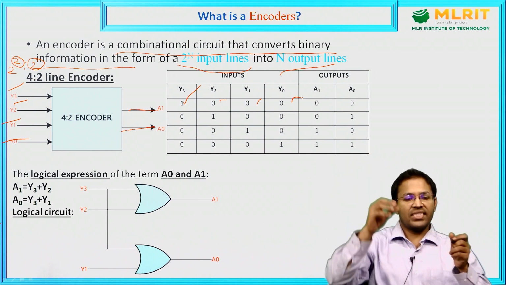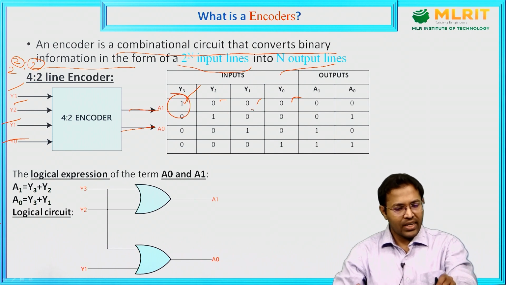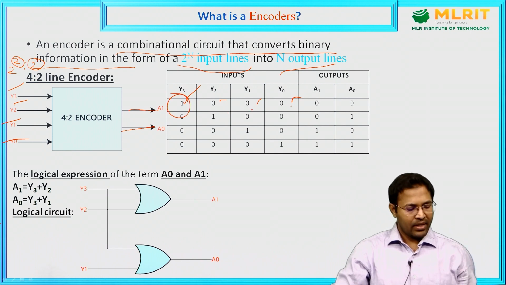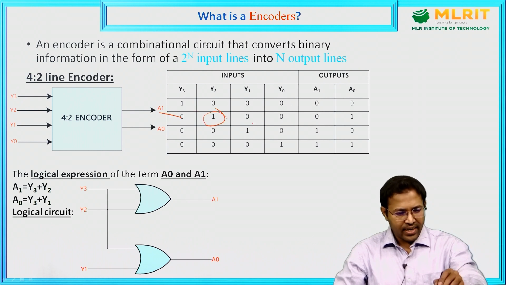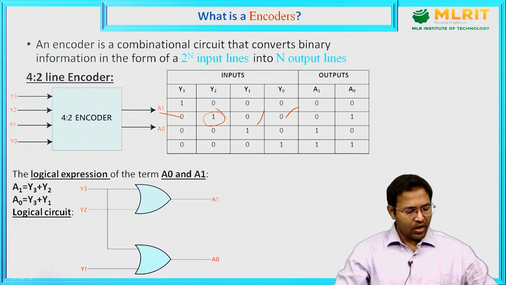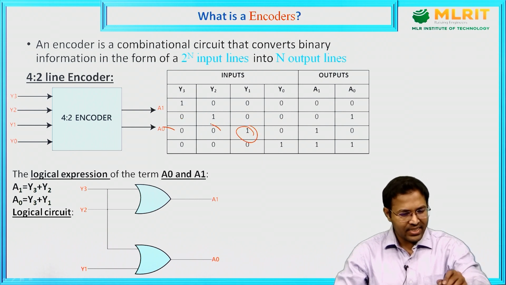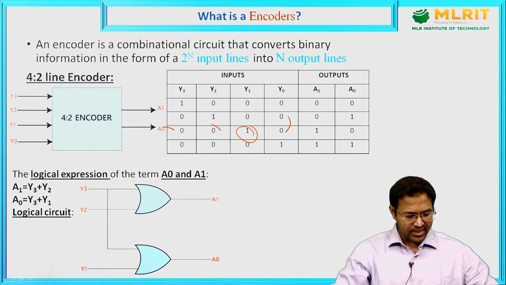The ball, if it is in box 1, it is not in remaining boxes. So if you have a ball in this box, then remaining places it is 0, or if we have a ball here, then it is not in remaining places.